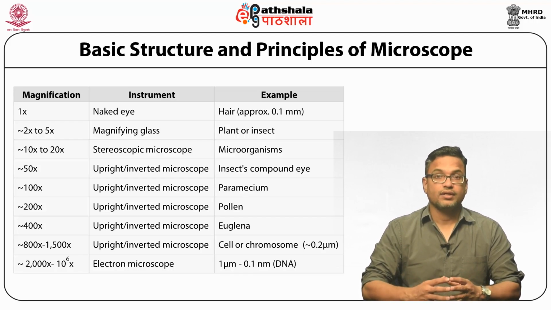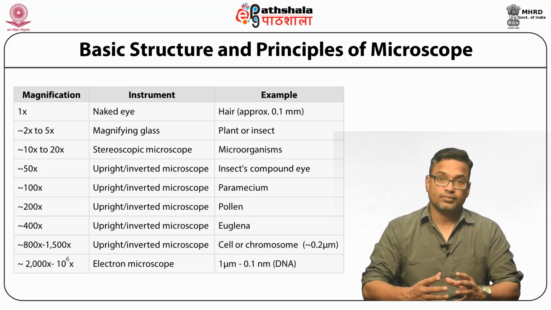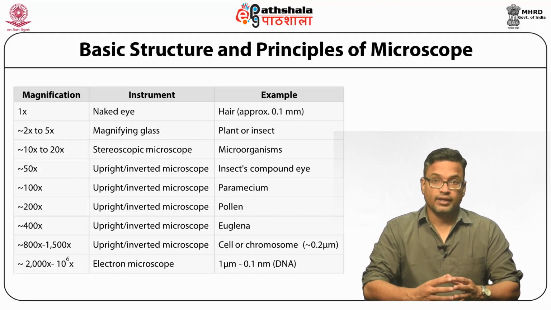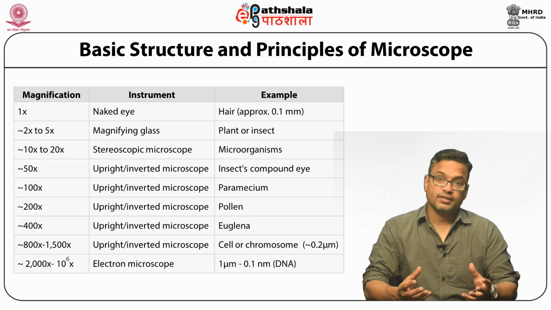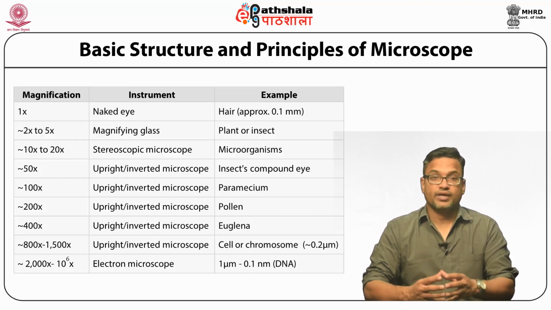We can achieve up to 400x and 1000x magnification using again an upright or inverted microscope, where we are looking at the structure and composition of euglena, or a cell or chromosome. A chromosome is almost 0.2 micron in width, so by using that higher magnification, we can visualize an object of width 0.2 micron.